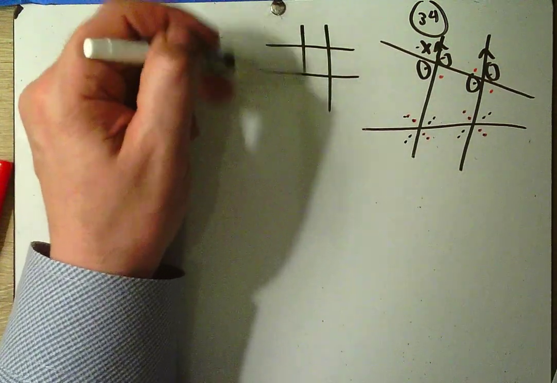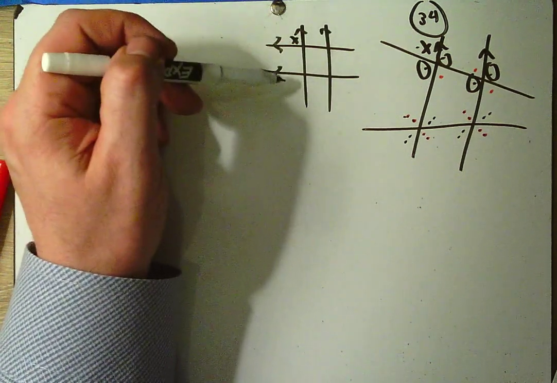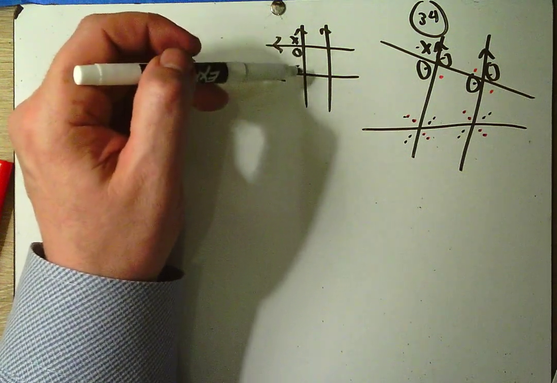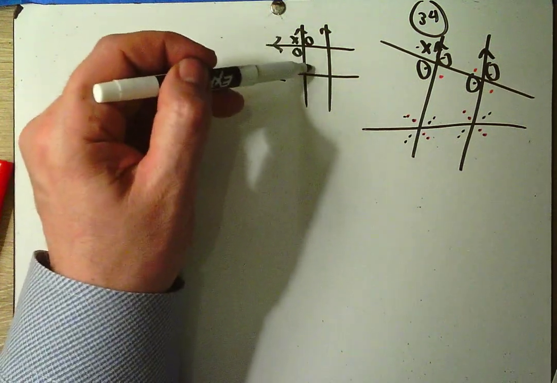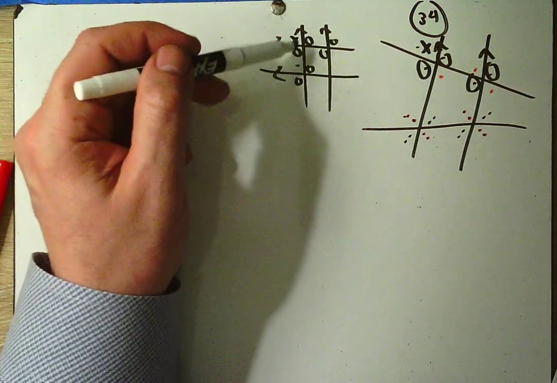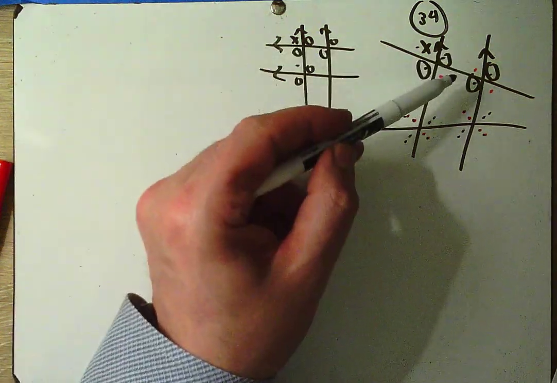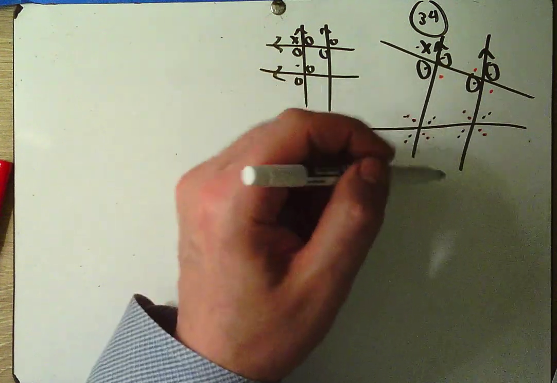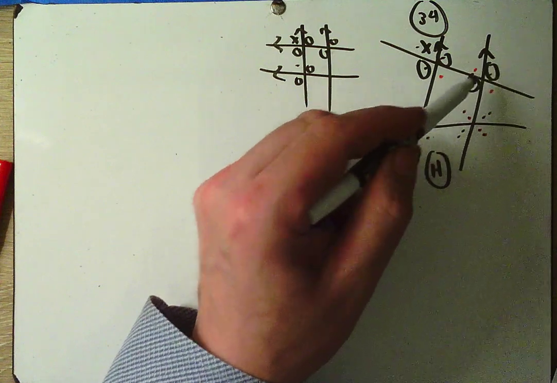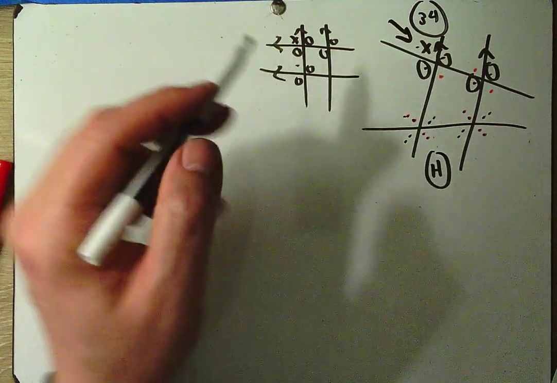If we had two sets of parallel lines, and this was our x, then not only would this be supplementary, and this, but also this and this, this and this. We'd have a lot more supplementary if we had two pairs of parallel lines instead of just one pair of parallel lines. So my answer here is H. Only these four, 1, 2, 9, and 10, will be supplementary to this angle x.